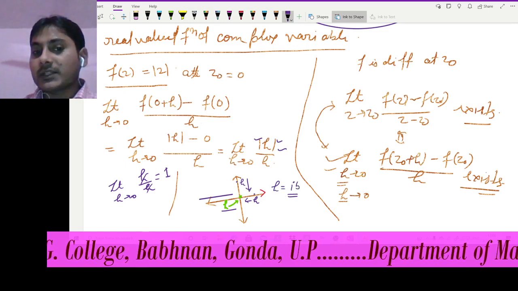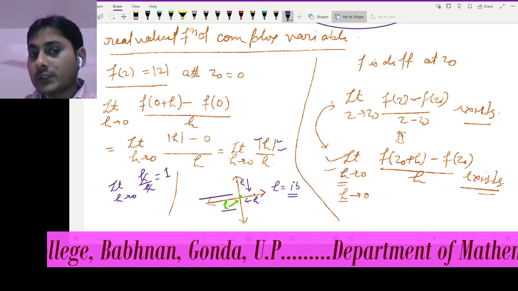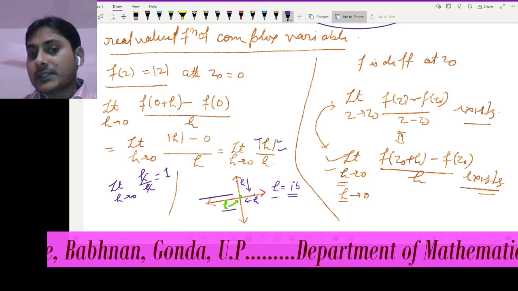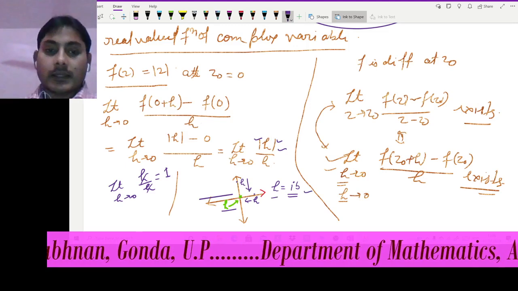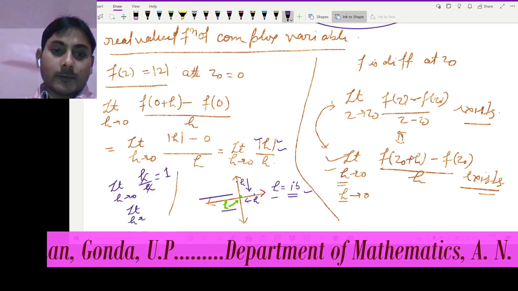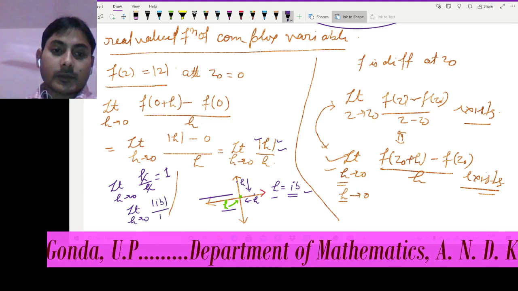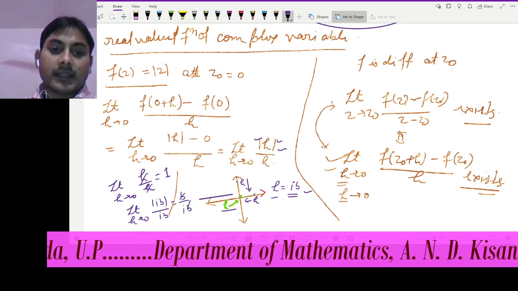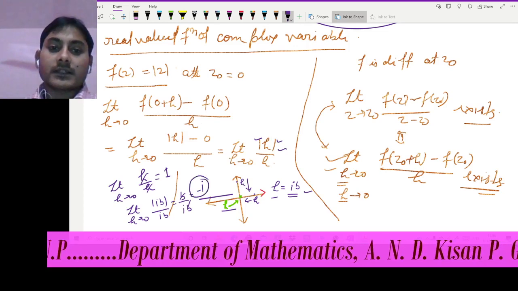Suppose h is equal to iota B, because h is approaching 0 along the y axis, so the form of h will be iota B. Once you put it here, you will get limit h tending to 0, iota B, modulus of iota B upon iota B. So you will get B upon iota B, B will cancel, you will get minus i. You will get minus i.